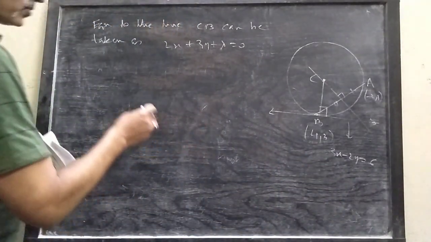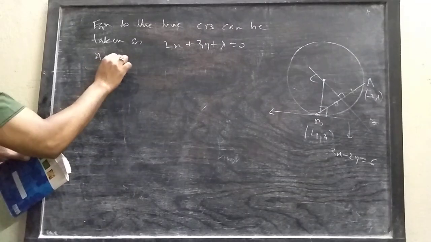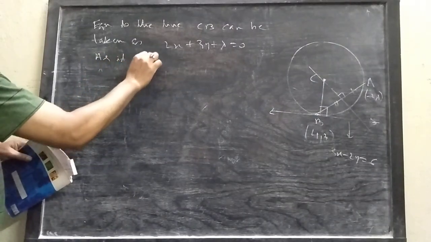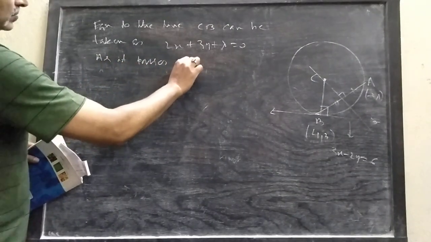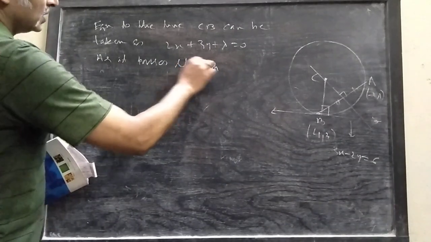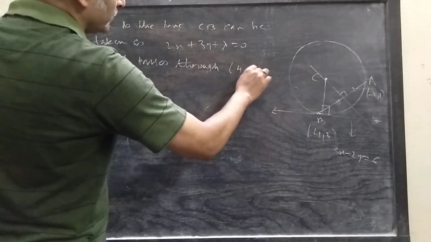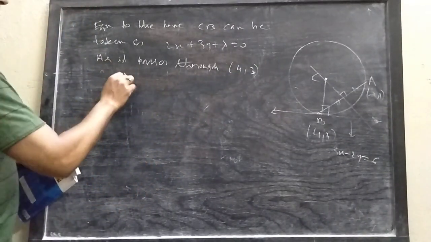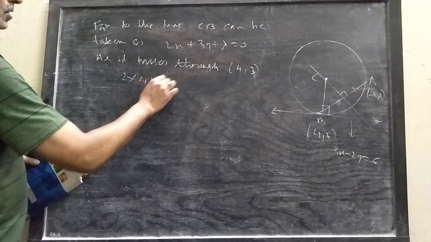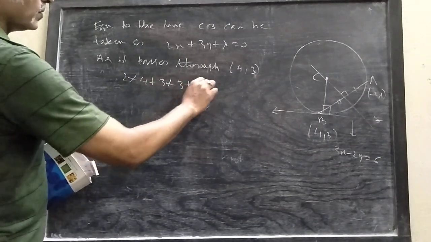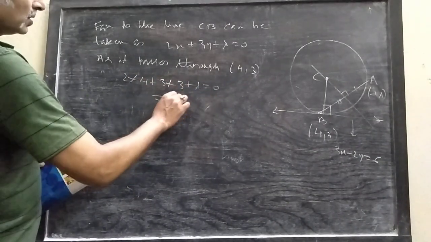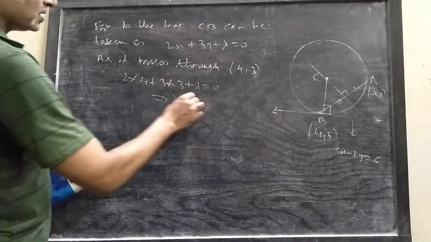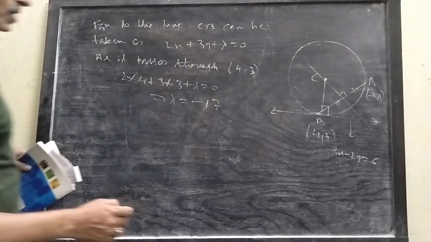Now as it passes through (4, 3), therefore 2 into 4 plus 3 into 3 plus lambda equals 0, you get 8 plus 9 is 17, that is lambda is minus 17.